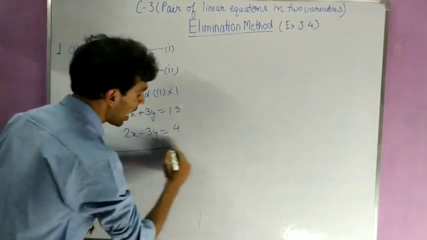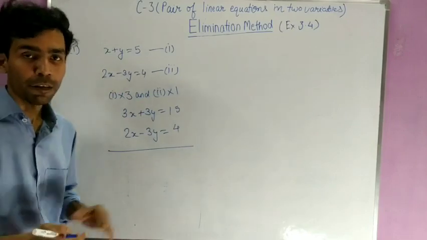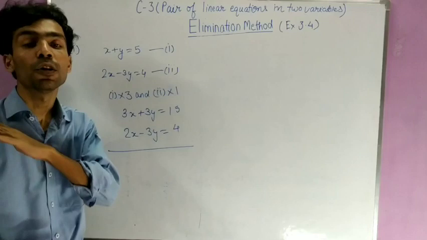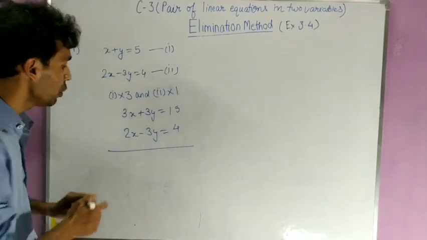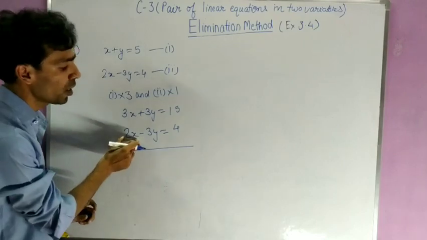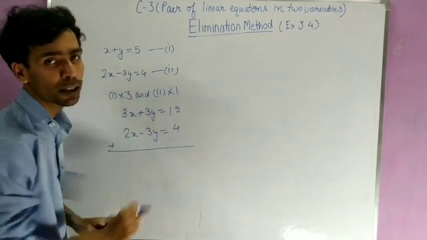When you add, the sign of the second equation will remain the same, there will not be any change. So when you are adding these, it will become plus 2x, it will become minus, and it will also become plus.